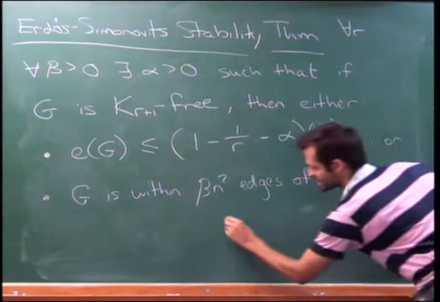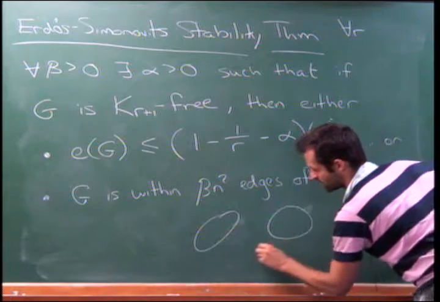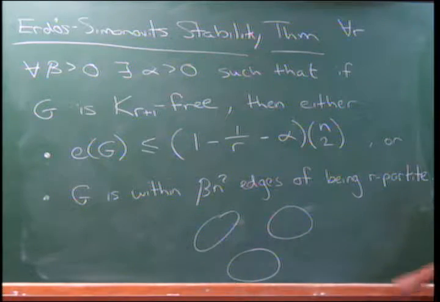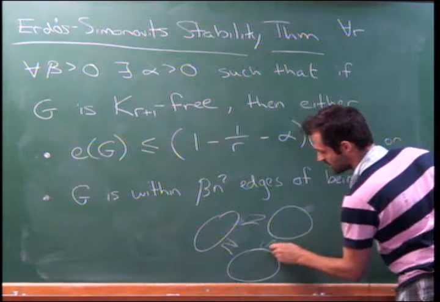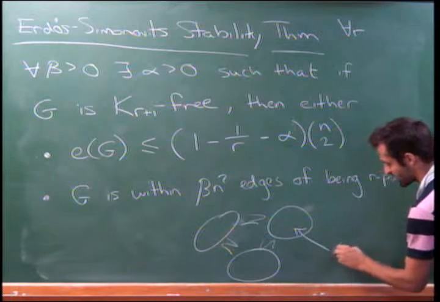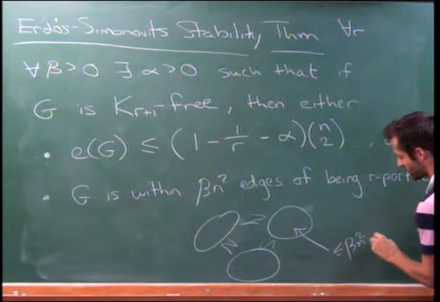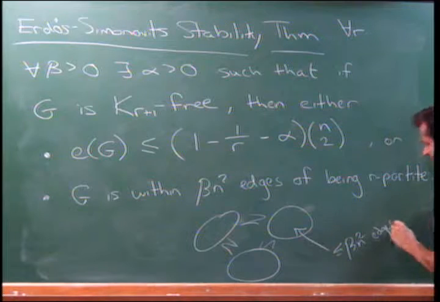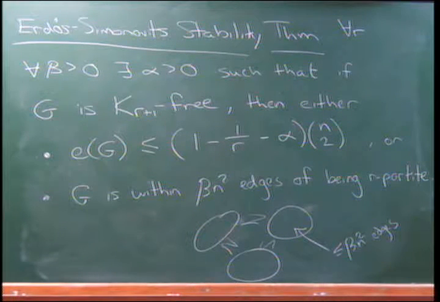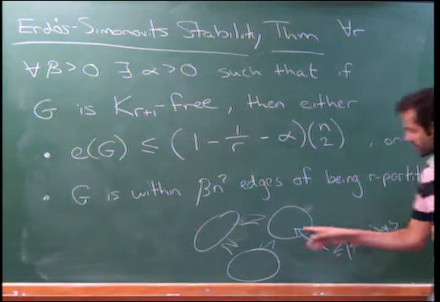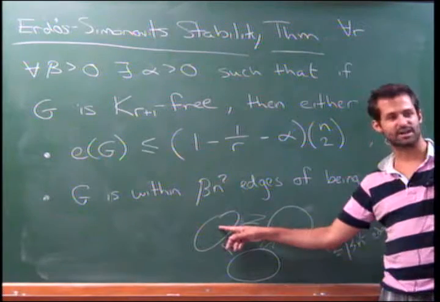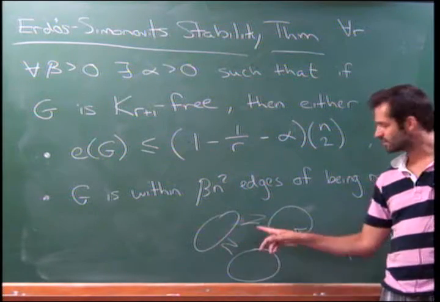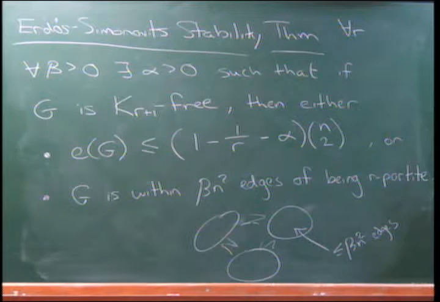What I mean is there exists an r-partition of the vertices such that inside the parts there are at most beta n squared edges. Okay. So there are very few edges inside the parts. Almost all of them are between the parts.